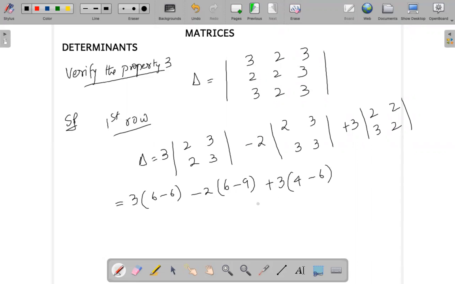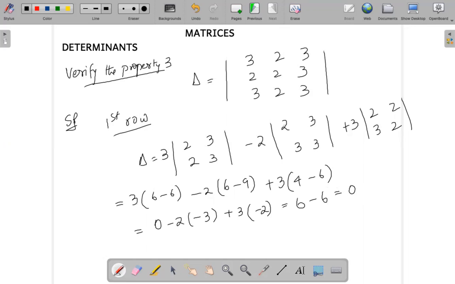So when you simplify it, this will be 0. This is minus 2 into minus 3, and plus 3 into this is minus 2, correct? So you got plus 6 and minus 6, which results to 0.